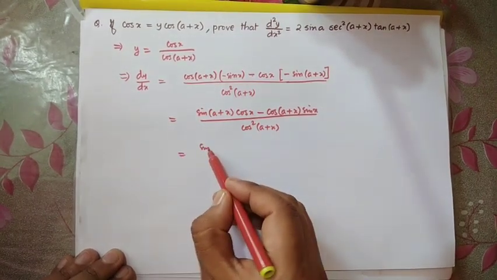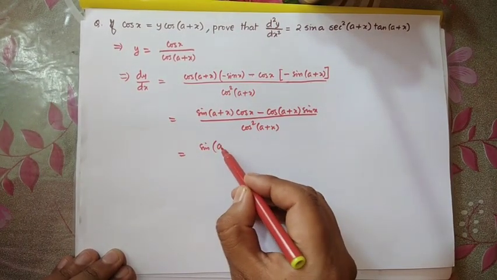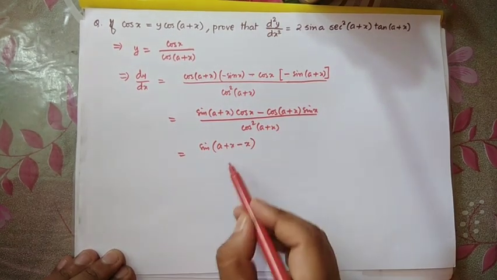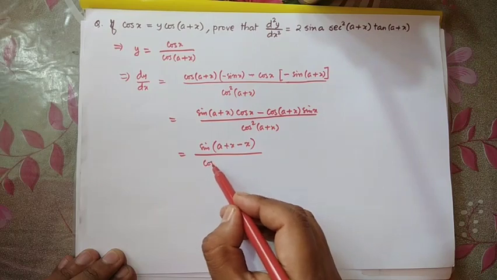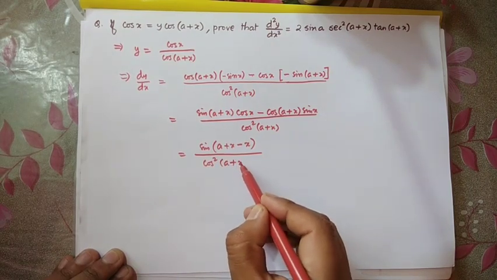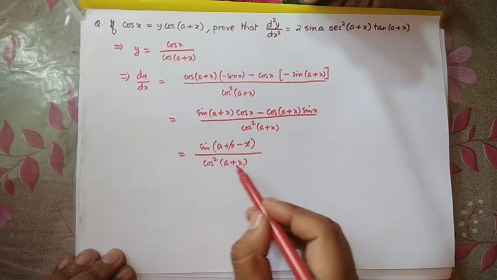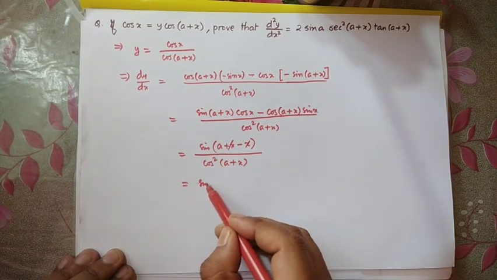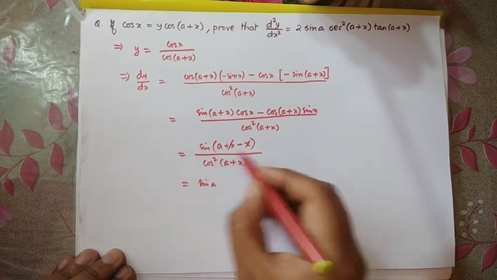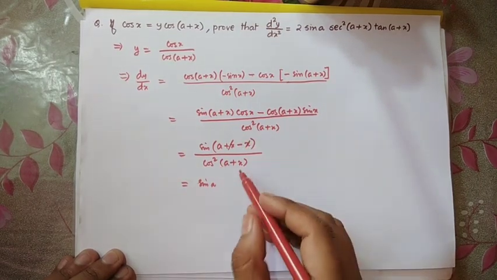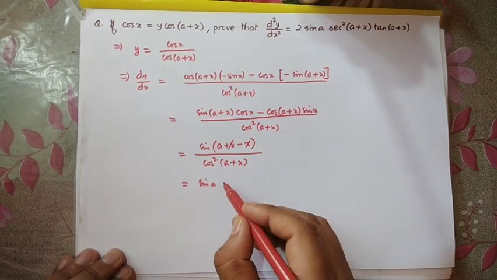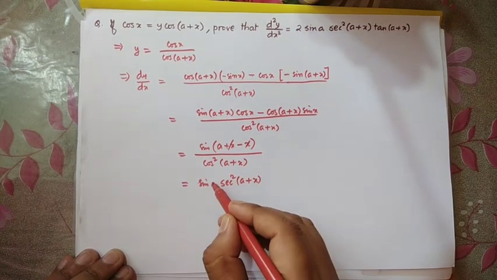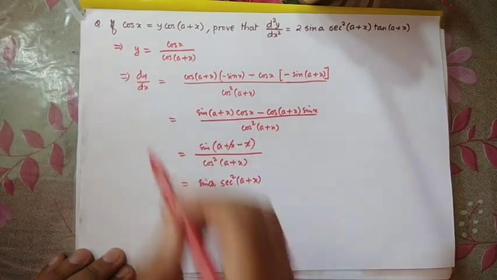So this can be written as sine of (a plus x minus x), divided by cos square (a plus x). So this and this get cancelled. I have got only sine a here, and when cos square goes to the numerator, I will get sec square (a plus x). So this is my first order derivative.